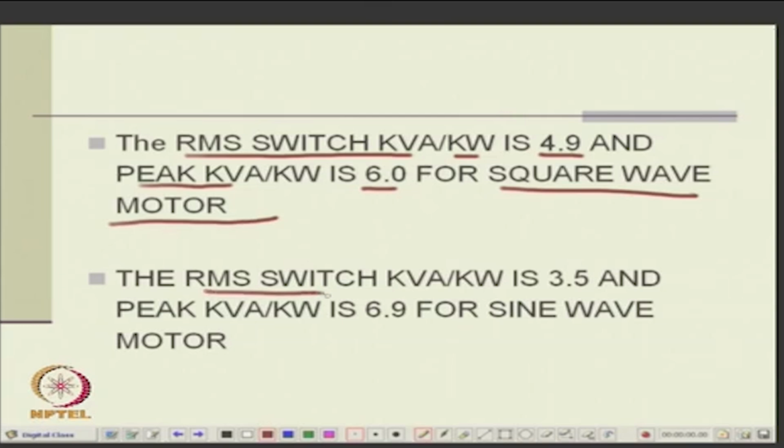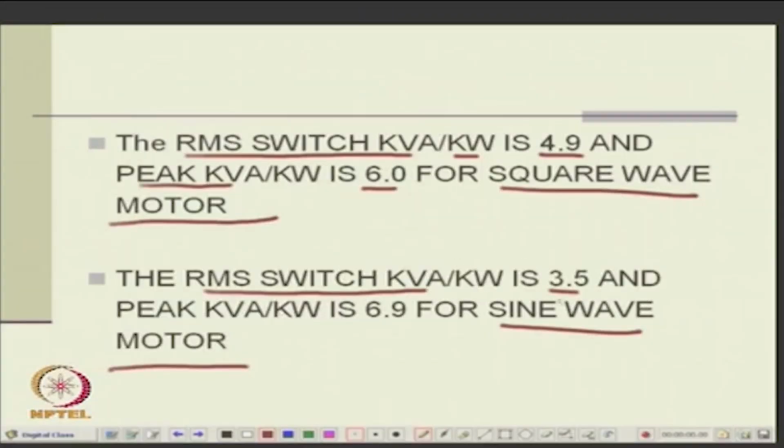Then RMS switch kVA per kilowatt for a sine wave motor is less. One of the things you realize is that for the sine wave motor, the rating of the converters, RMS switch is 3.5 and peak kVA is 6.9. Okay.